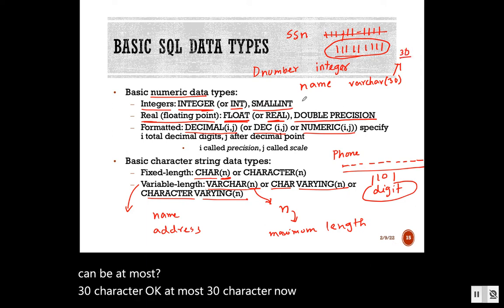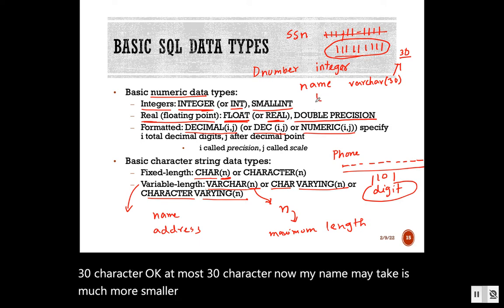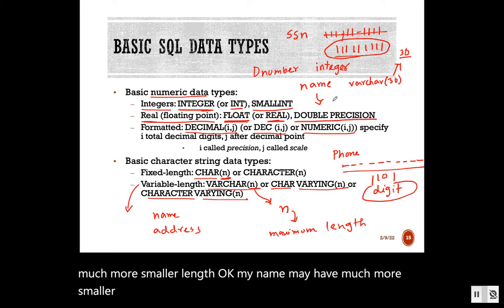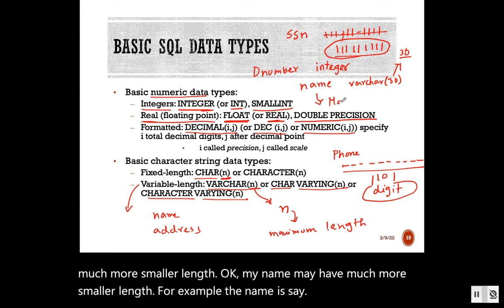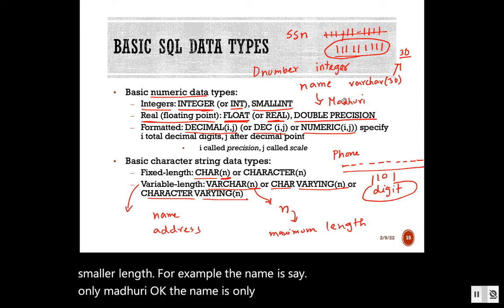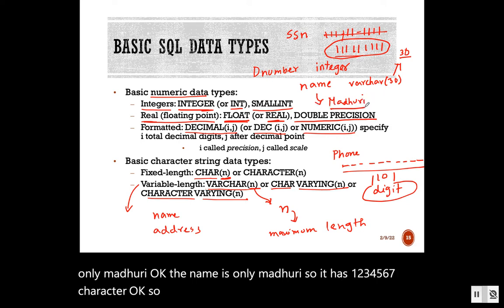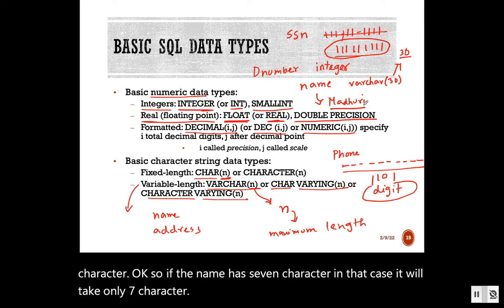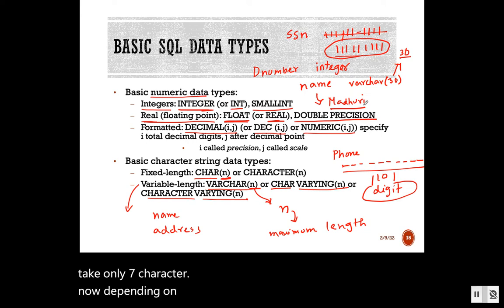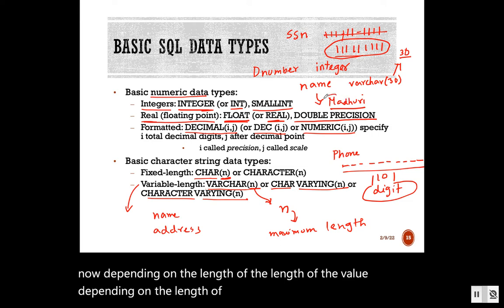My name may have a much smaller length. For example, the name is only Madhuri, which has 7 characters. In that case it will take only 7 characters, because depending on the length of the value, the memory is going to take only that length.